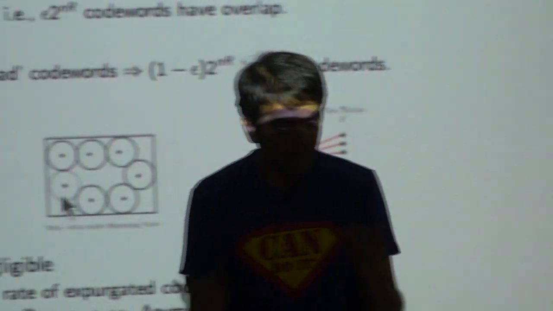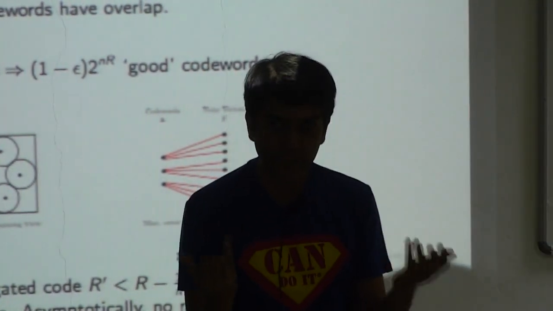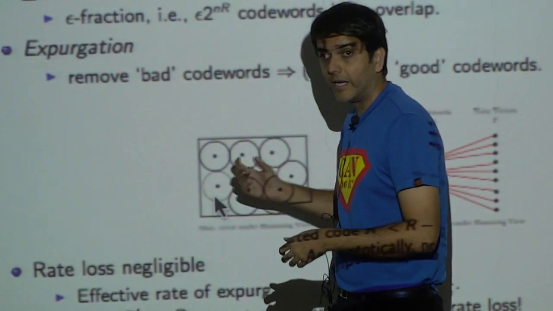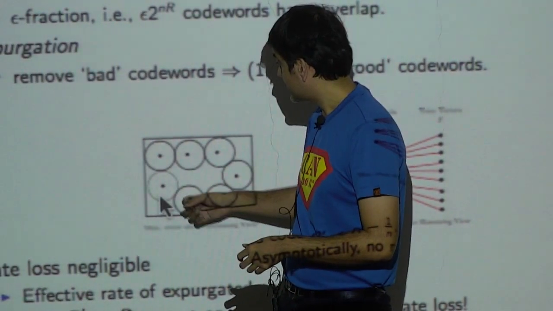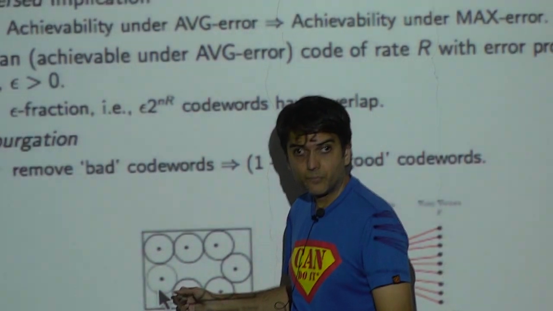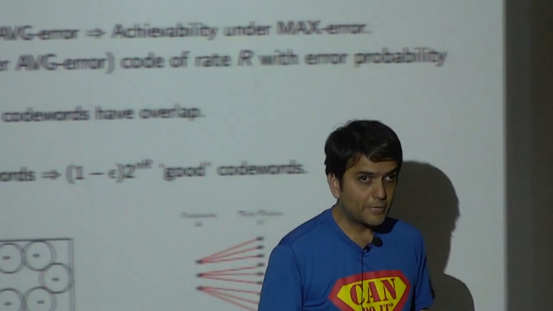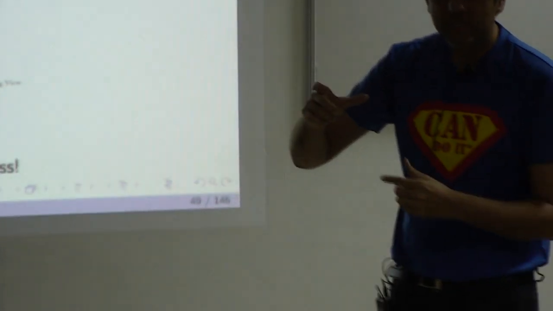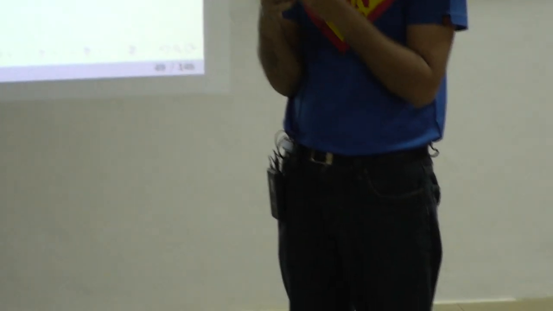Because we just argued that average error and maximum error have the same capacity. We don't know what the capacities are, but they have the same capacity. So we may as well work with this image and argue that the received sequences for any pair cannot overlap at all. If they cannot overlap at all, then every pair of sequences has to differ in at least pn locations.